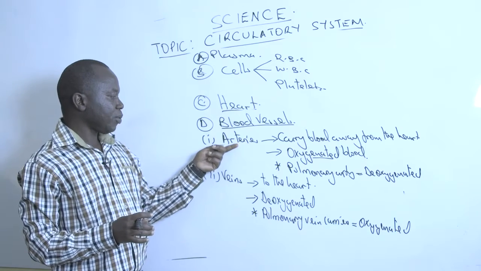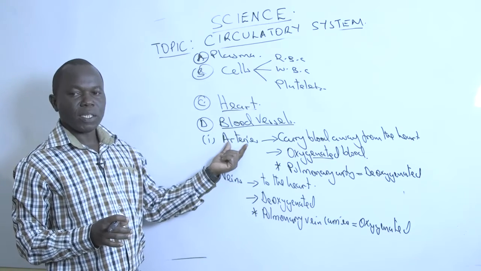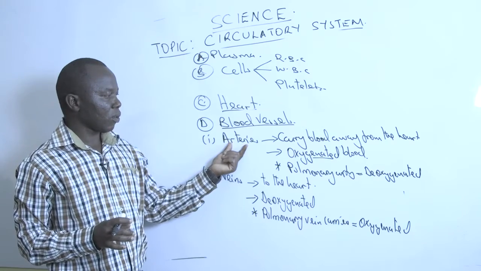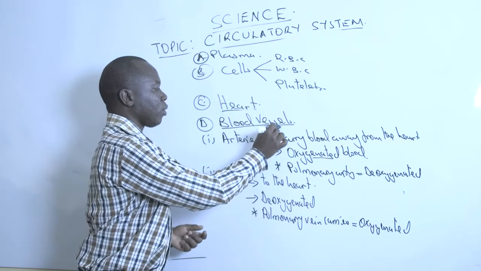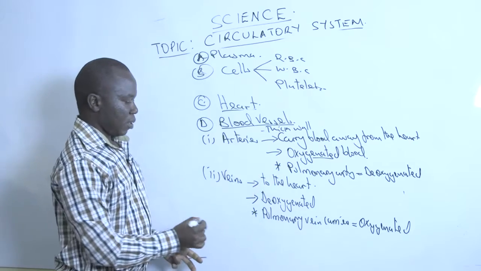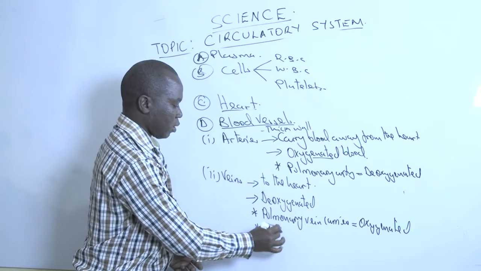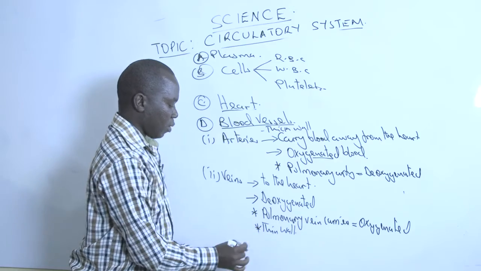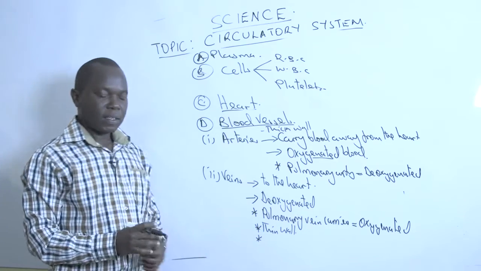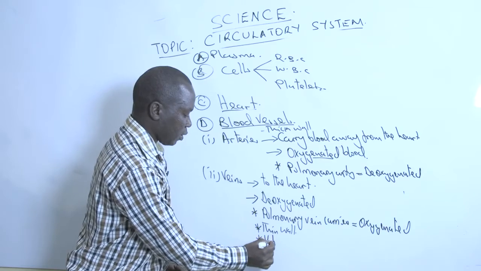There's a slight difference between arteries and veins. Arteries are usually thick. They have a thick wall. But veins have a thin wall. And a very important characteristic of veins is that they have valves.